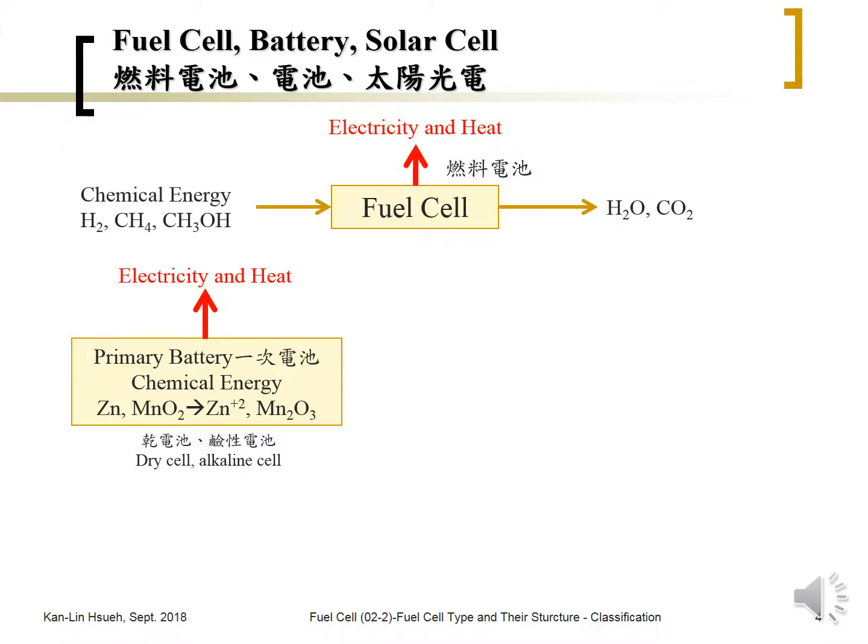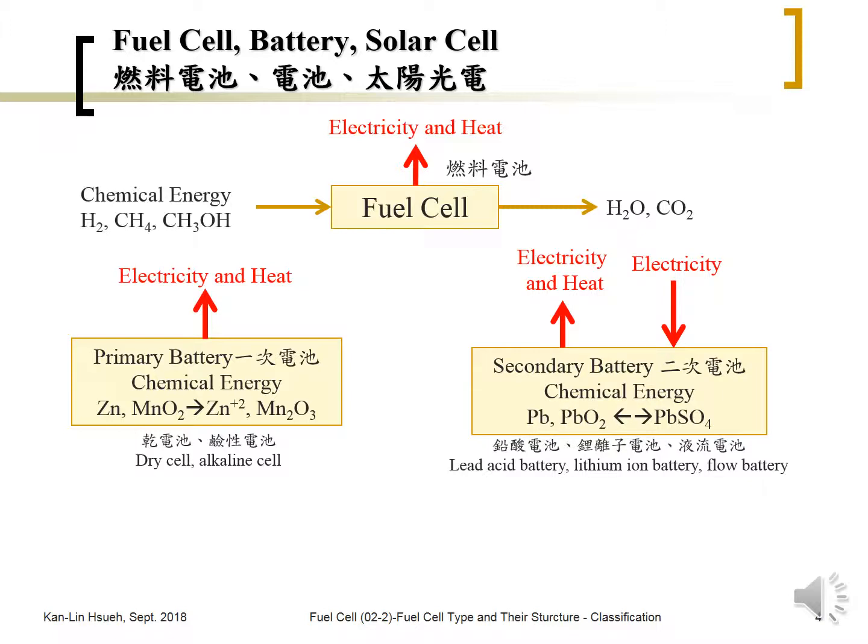Opposite to the primary battery is the secondary battery. Typical examples are the lead acid battery, lithium ion battery, or flow battery. The major difference is that the electrochemical reaction in the secondary battery is reversible. All the active material is stored on the electrode itself, and as it goes through the electrochemical reaction, it releases electricity and heat.